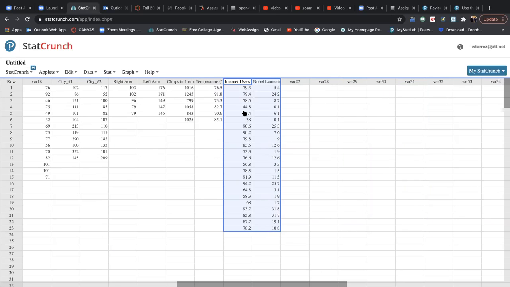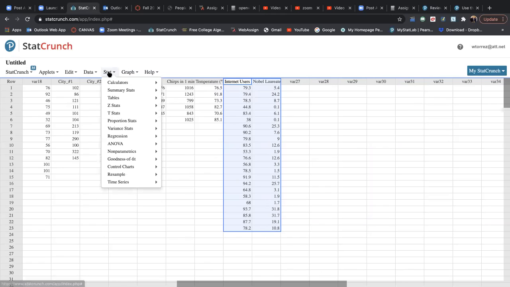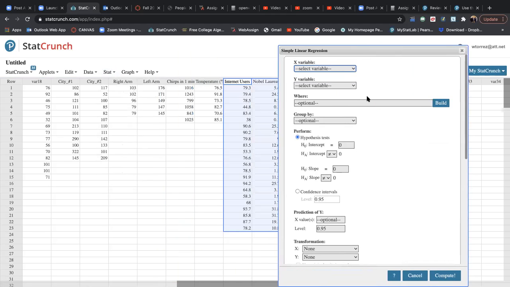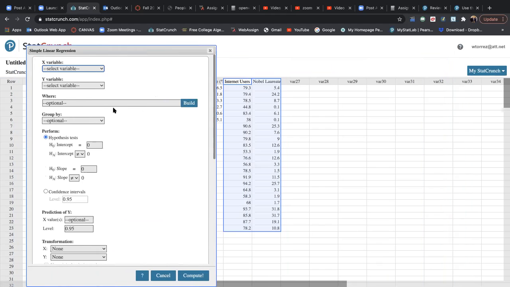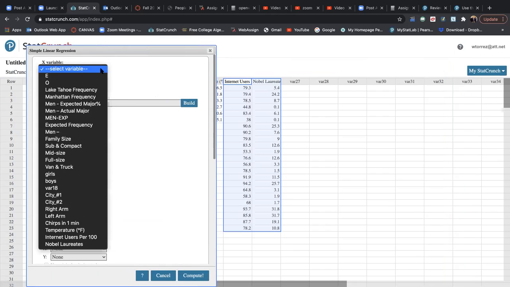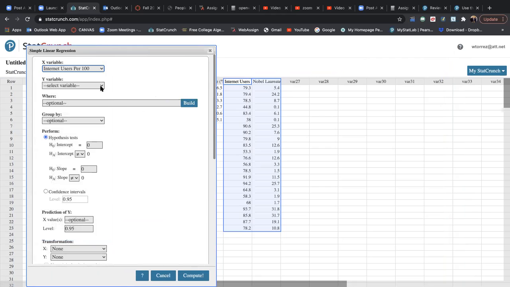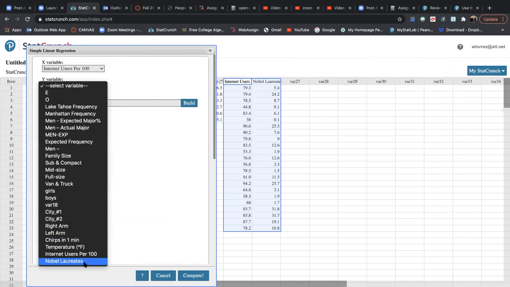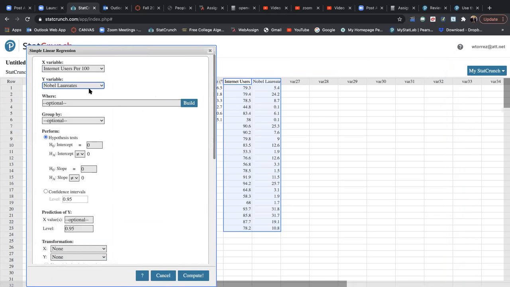And now we can do the linear regression. So we'll go to regression here under stat, choose simple linear, and now fill in the action window. Our X variable will be internet users per 100. Okay. Nobel laureates is the Y variable, the predicted variable or the response.